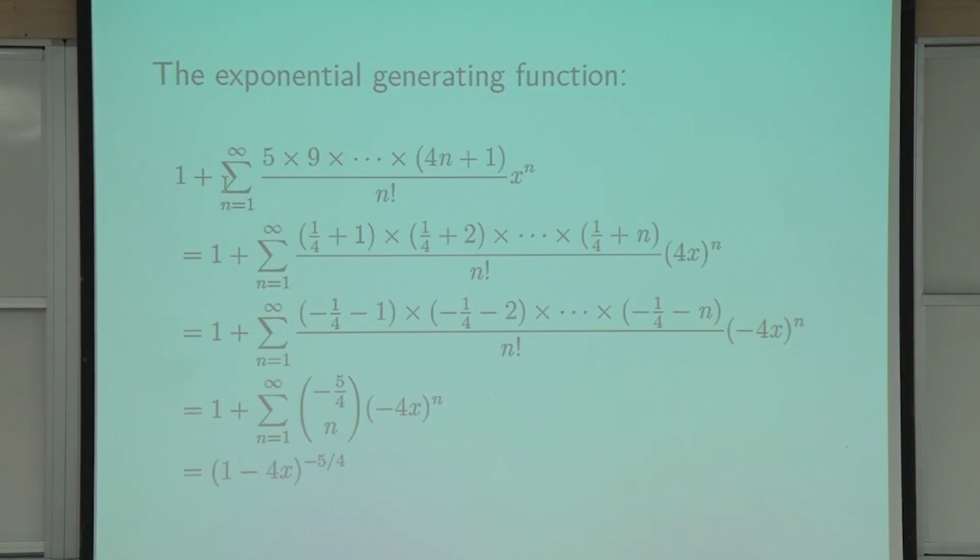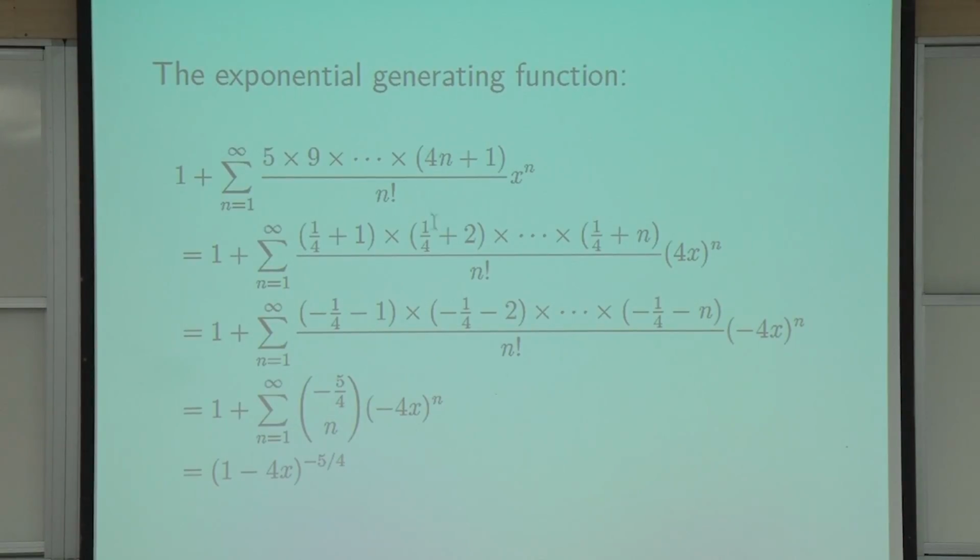First I list the generating function by brute force. The coefficient of x to the power n here should be 1 times 5 times 9 times all the way up to 4n plus 1, divided by n factorial.